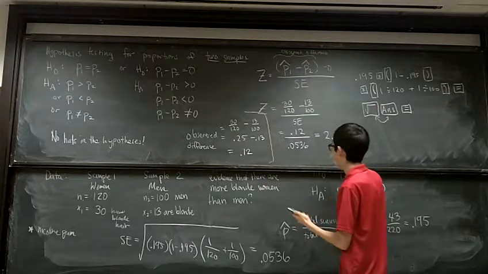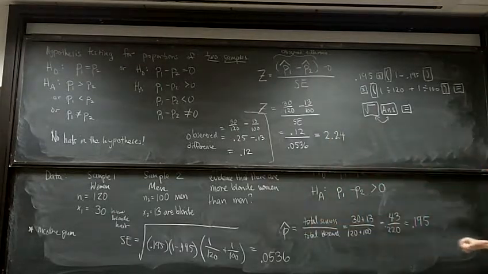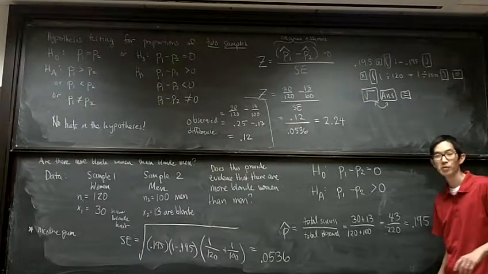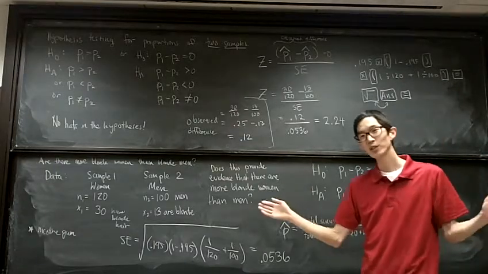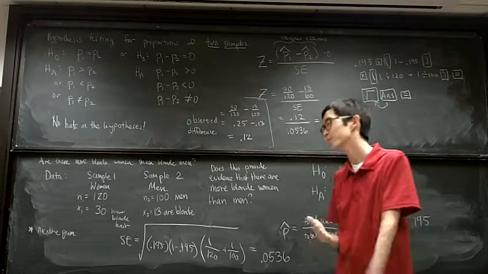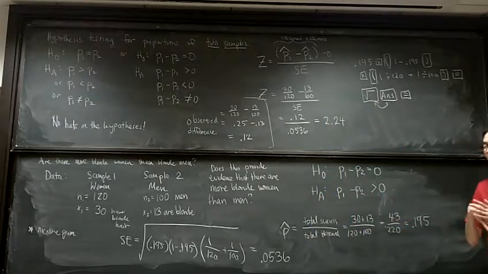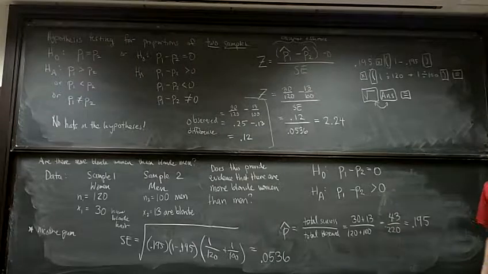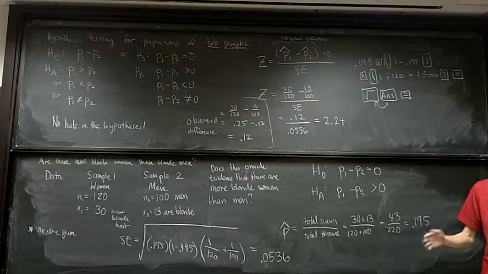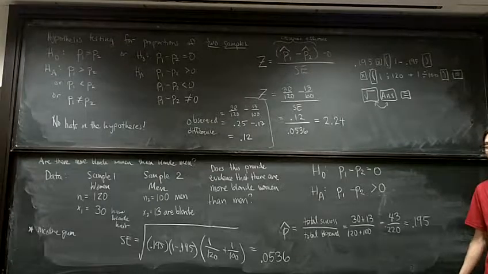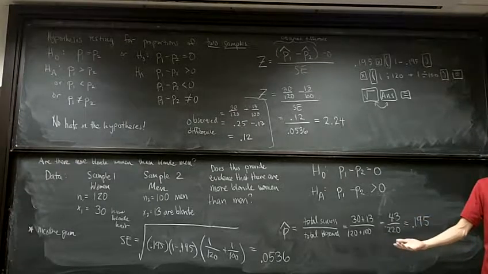We want to know if 12% is a big difference. We're observing a 12 percentage point difference. We surveyed 120 women, 30 of them have blonde hair, 25%. When we surveyed the men, 13% of men had blonde hair. 25% versus 13%.